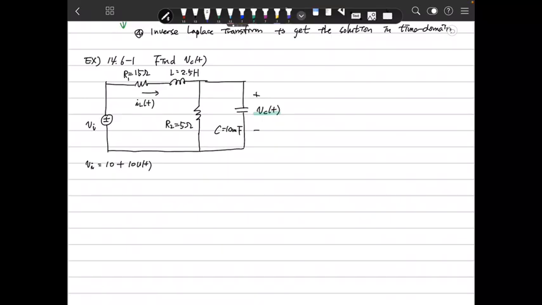We know that this is a second order system, so we get a second order differential equation to describe it. That means we need at least two initial conditions.